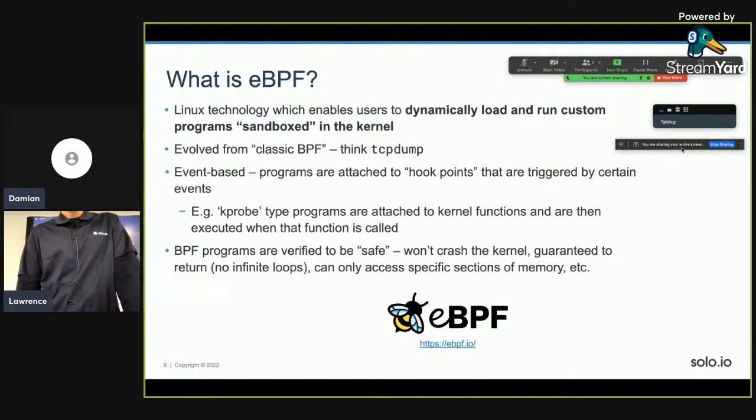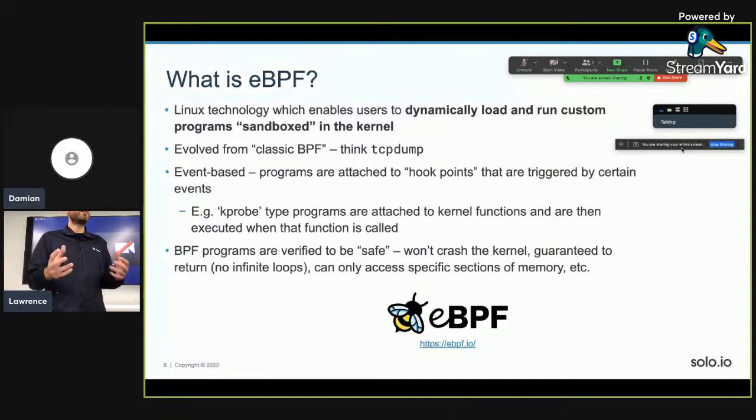It's event-based, which means the programs you write have different hook points that you can attach them to. Once you have attached it, as the events fire at these hook points, your program runs and does whatever you've programmed it to do. An example I've called out here is a kprobe.